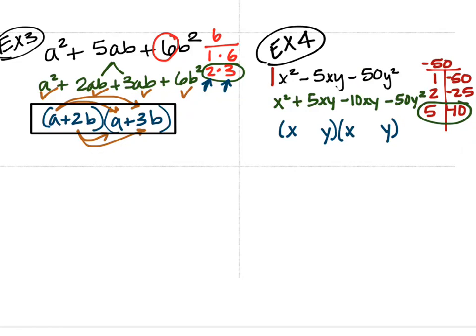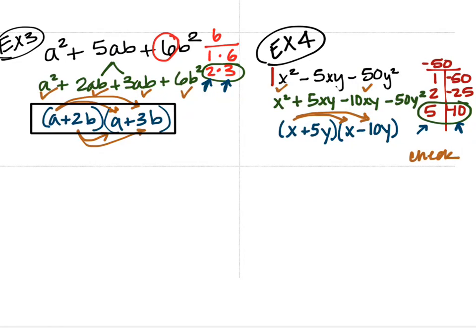And now I'm going to utilize the factor tree, and we found 5 and negative 10 to be the factor pair that we want to use. So in the binomials, I'm going to write plus 5 and negative 10. So to work with this check, I'm going to use FOIL.